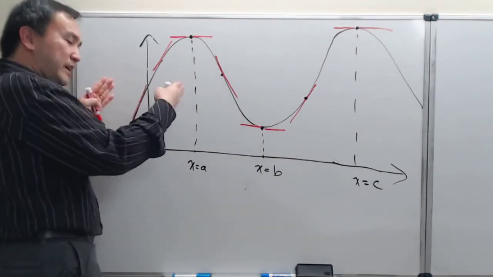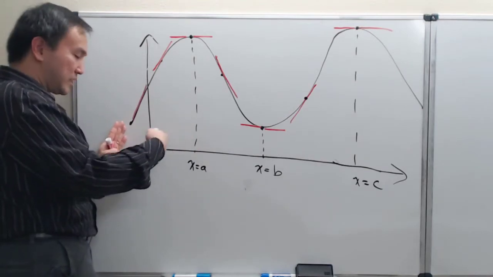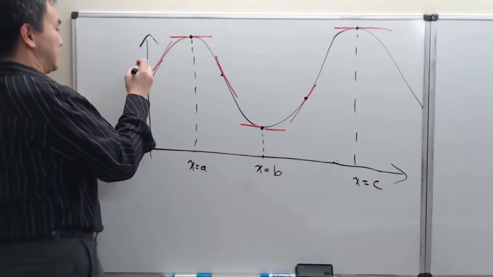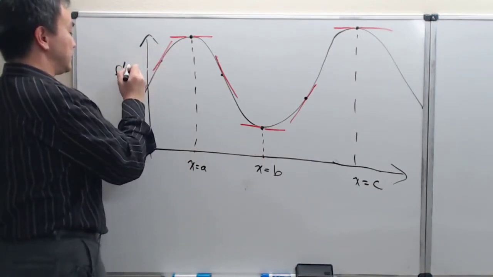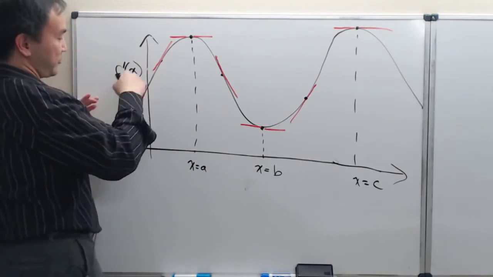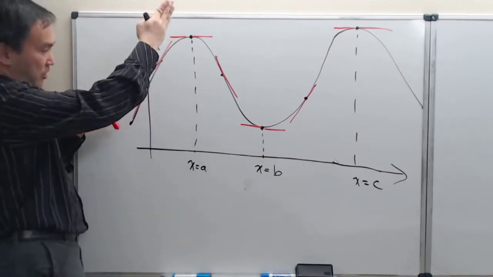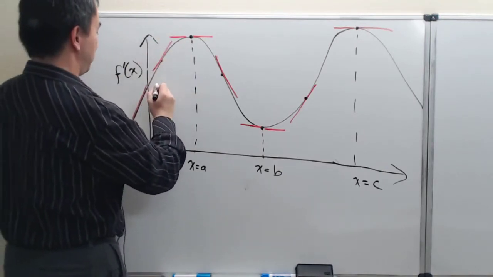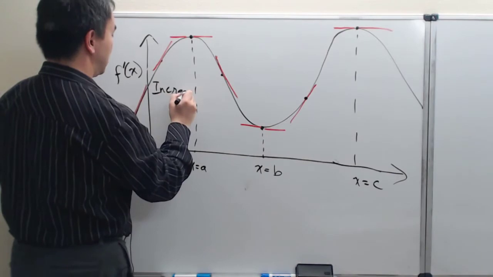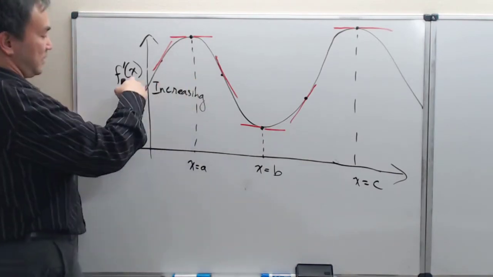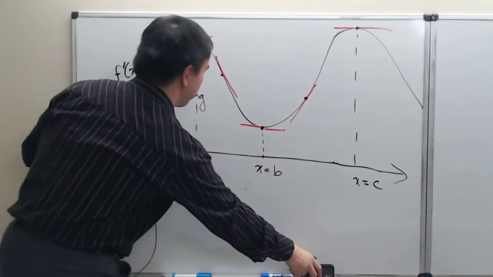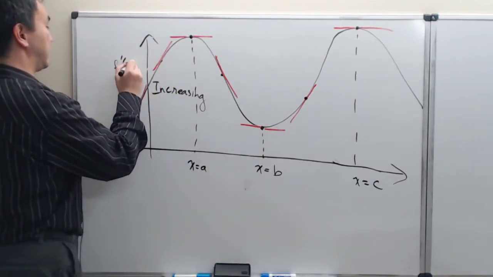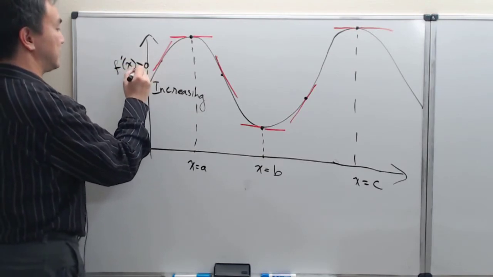So anywhere in any interval between any two consecutive critical values where we recognize that the derivative of the function is positive, that the tangent line has positive slope, then our function is increasing. That's the formal term for that. And increasing means the derivative is positive, greater than 0.